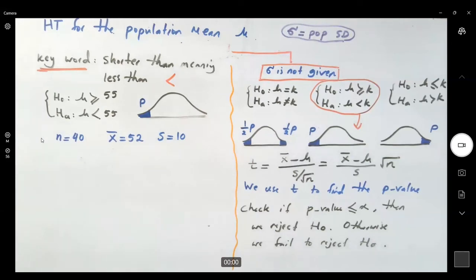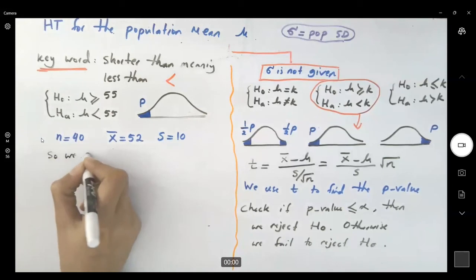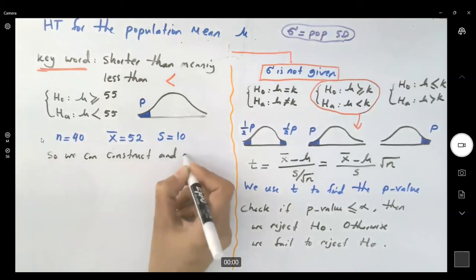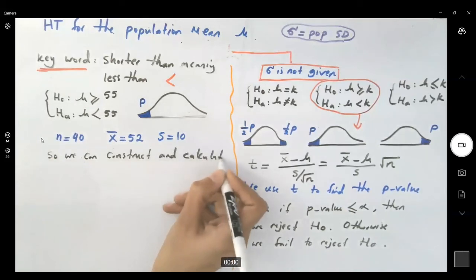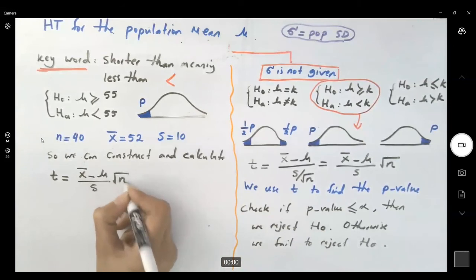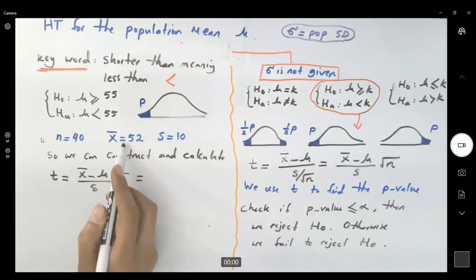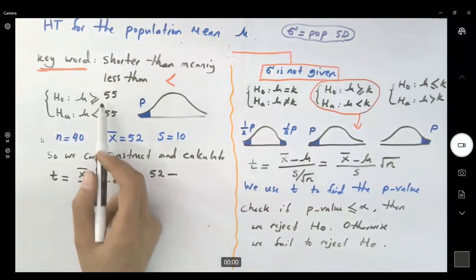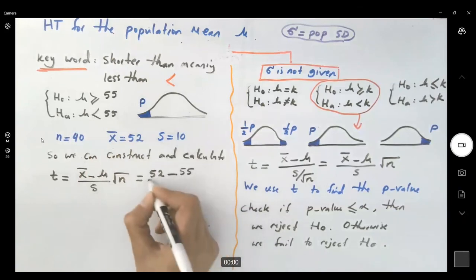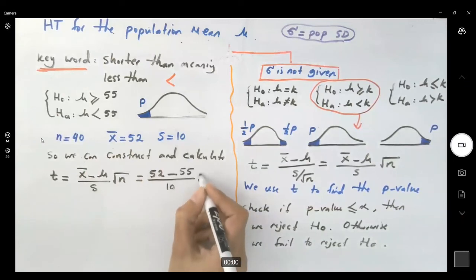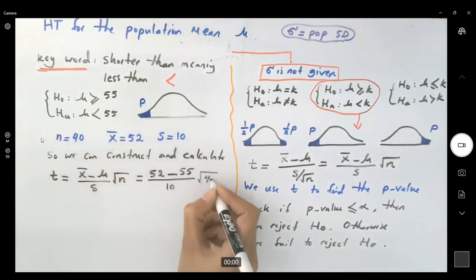So we can construct and calculate T, which is equal to x bar minus the mean divided by s over square root of n. x bar is 52. The manager calculated the x bar for us, minus mean 55 divided by s, sample standard deviation, which is 10, over square root of n, which is 40.